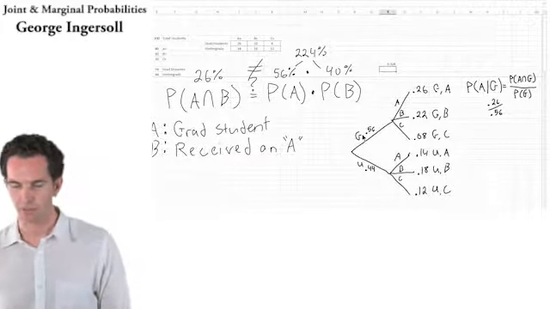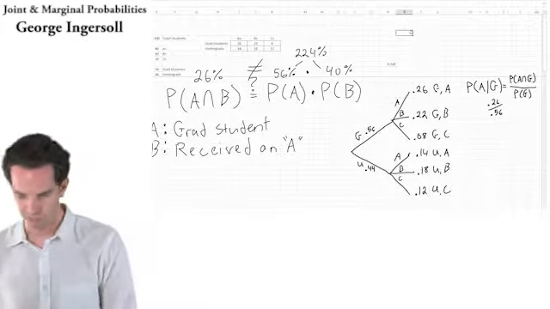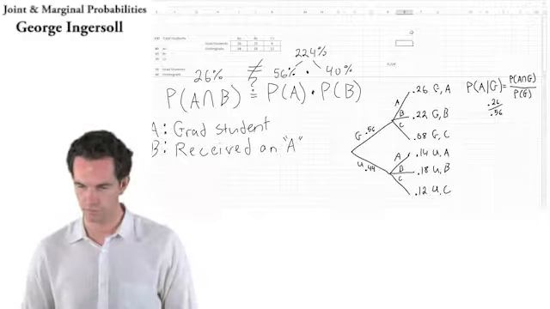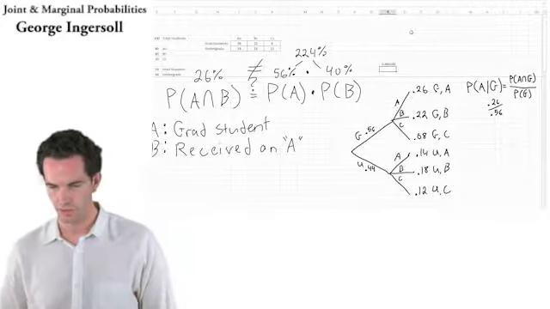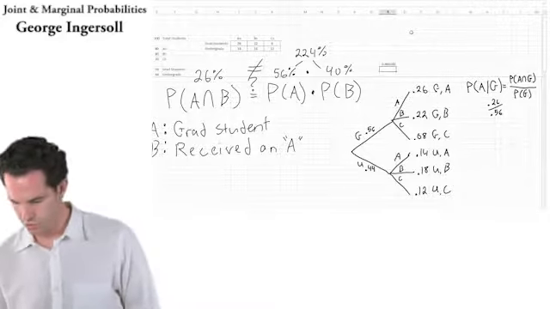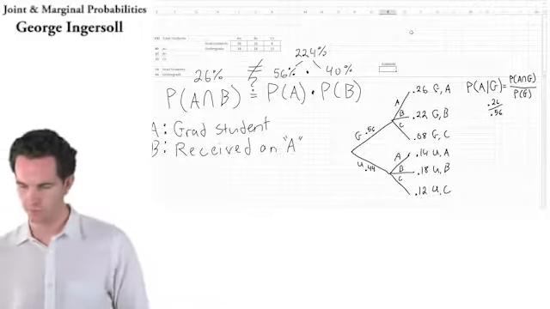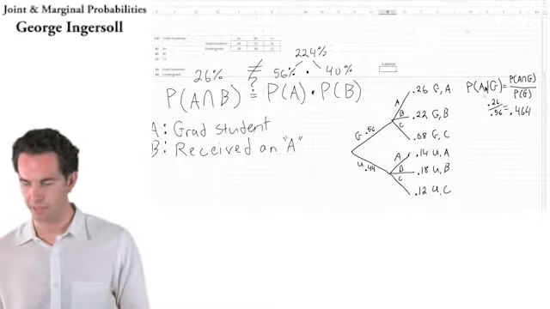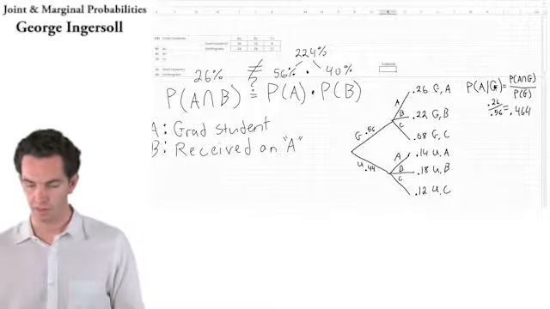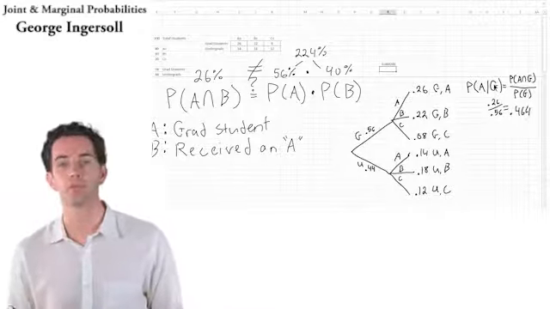And actually, let's calculate that out. I'll just use the same cell I was using before. Equals 0.26 divided by 0.56. That's going to be 0.464 approximately. That's A given G. Let's figure out the same probability for undergrads.